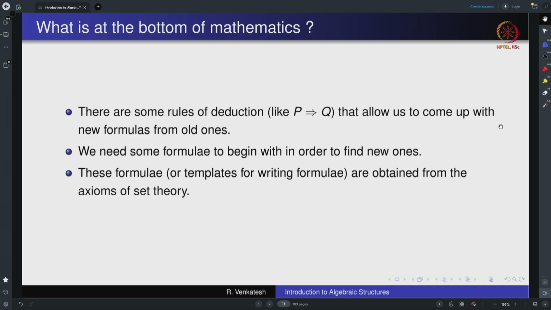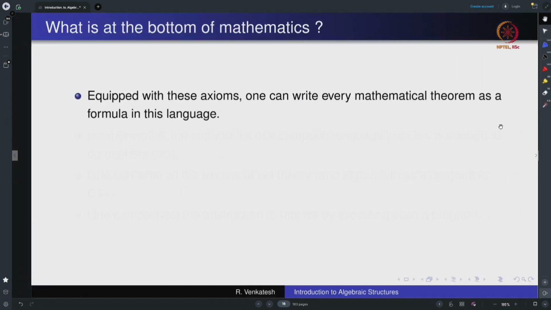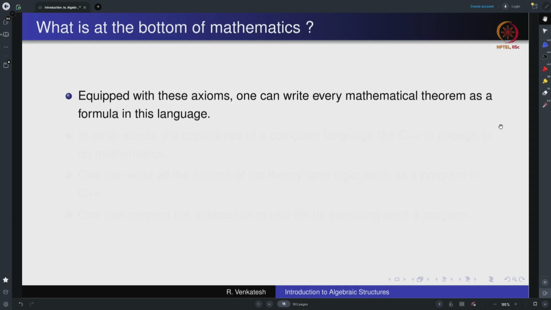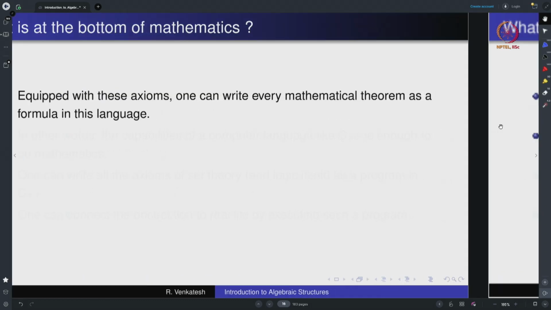So, we develop set theory, the foundation. From set theory we will do everything else. Equipped with these axioms, one can write every mathematical theorem as a formula in the language.